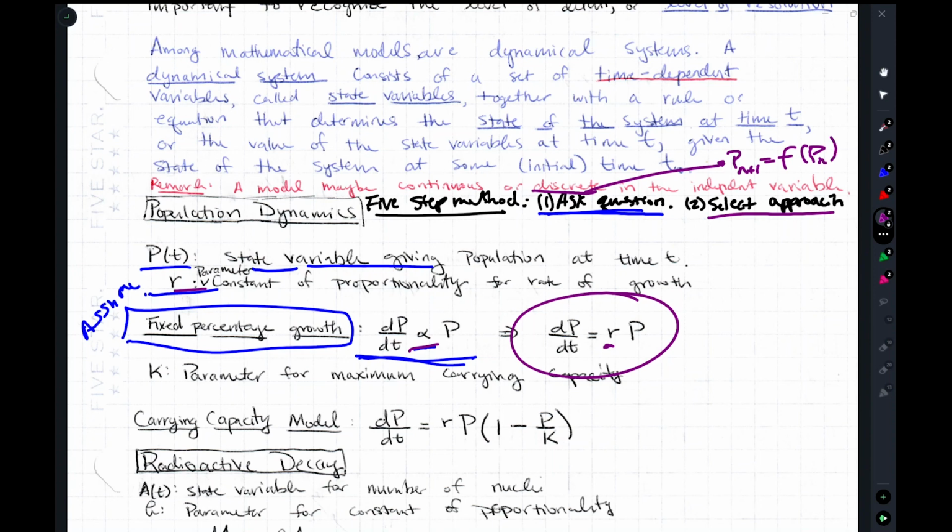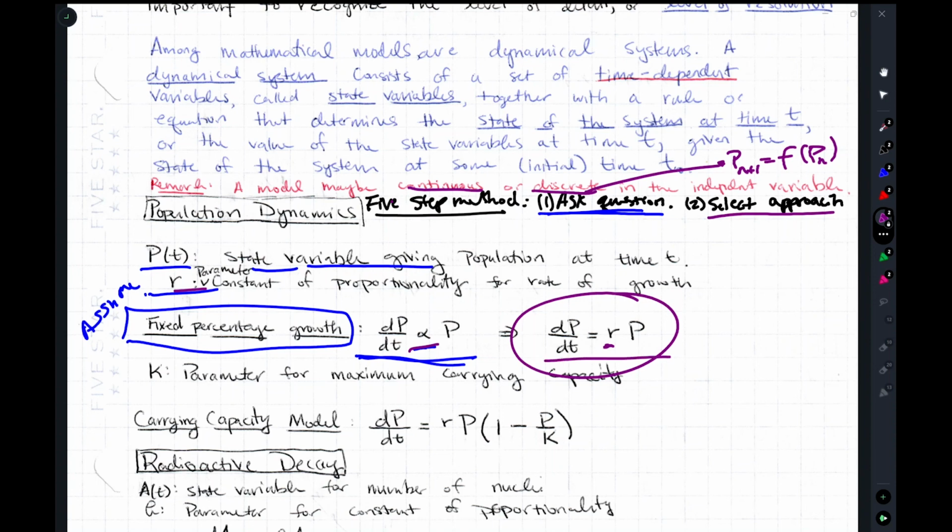So you have discrete points. You evolve the system in chunks. A continuous model, on the other hand, these durations of time in between iterations are infinitesimally small.